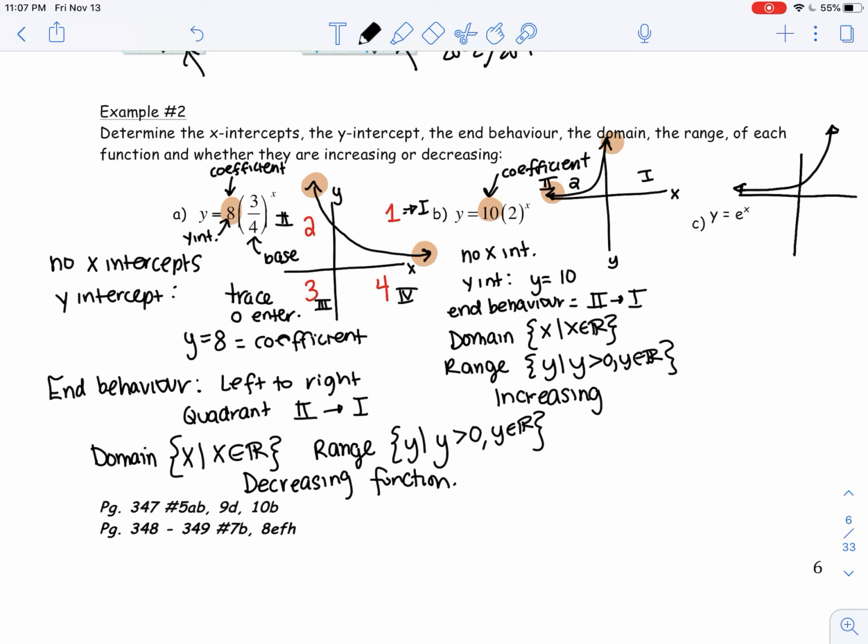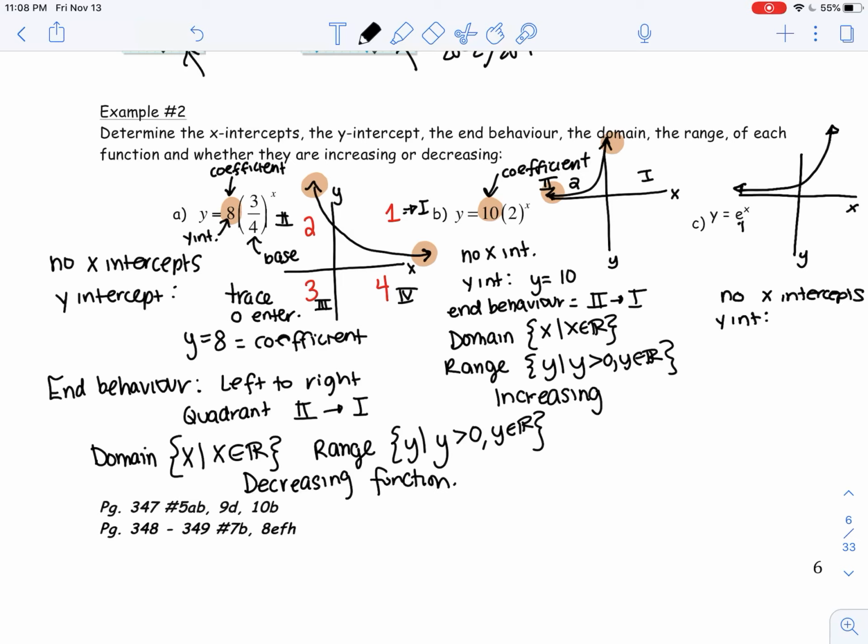Make sure you have arrows on both ends of your exponential. Label your x and your y-axis. So what you should find is that there are no x-intercepts. The y-intercept is slightly different. If you want, you can always press trace 0, enter if you're not sure.